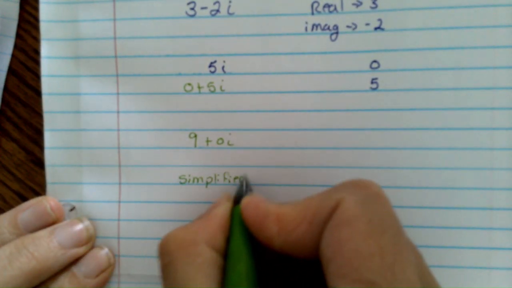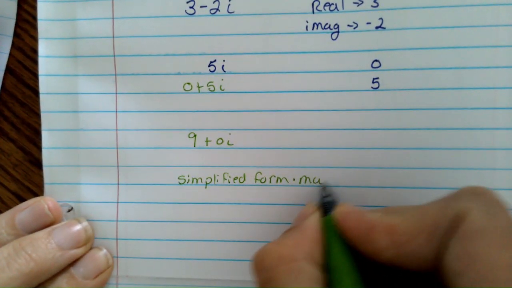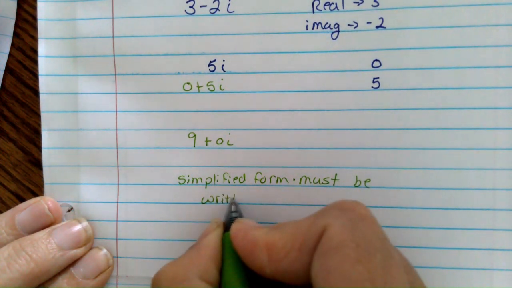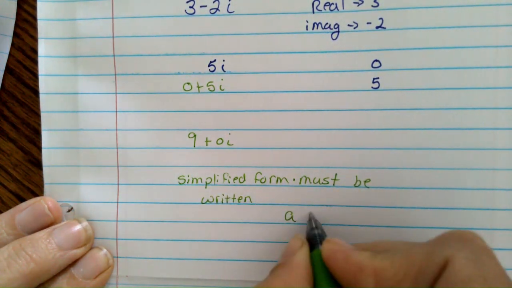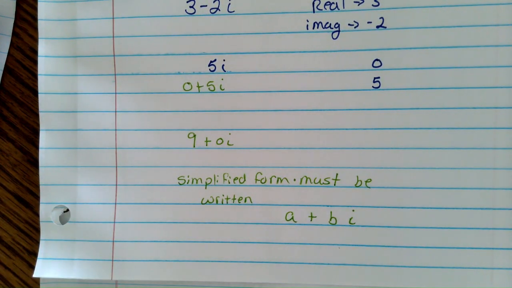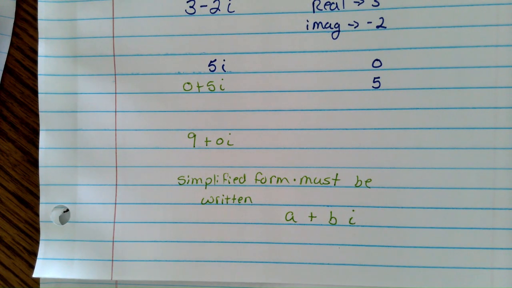Simplified form must be written a plus bi. Now, i must be a multiplier. i cannot be in the denominator. I cannot have an exponent. It has to be written a plus bi.